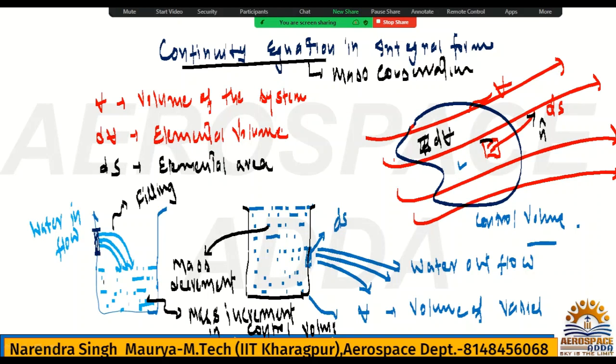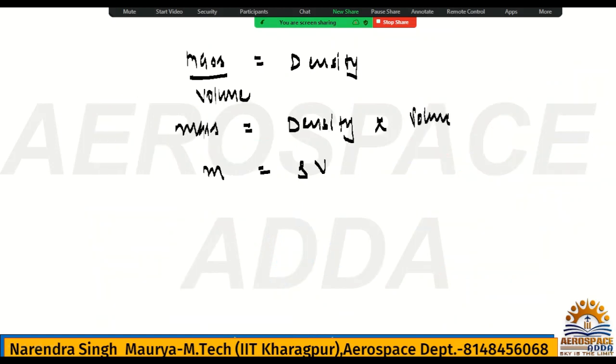So this is figure 1 and this is figure 2. Any figure you can take and you can write the equation. So I will take figure 2. For figure 2, mass is decrement. Yes or no? So what you can write?